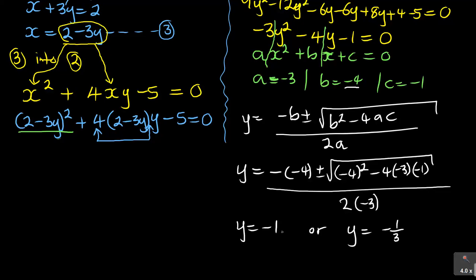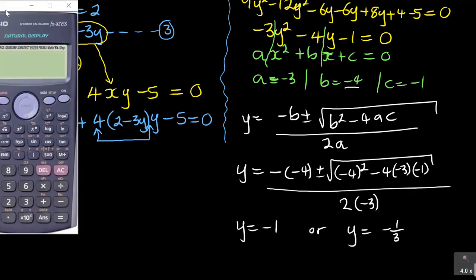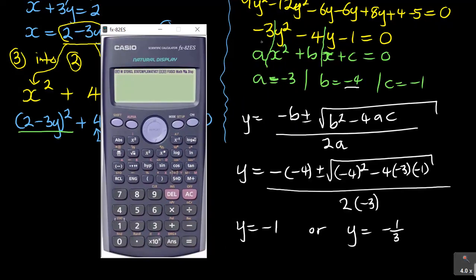It's always good to test one of the values just to see if it works. So let's test with one, for example. If I test with minus 1 over 3, the one that looks a little bit out of line, into my original, so it's minus 3 into negative 1 over 3. I've got minus 3 outside there.